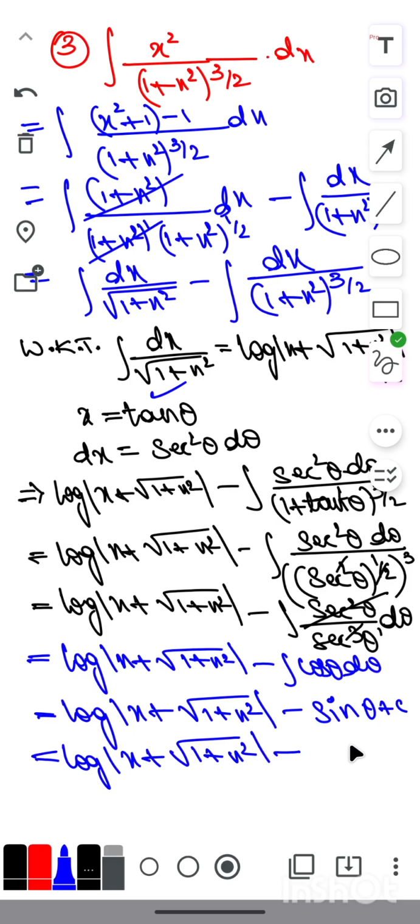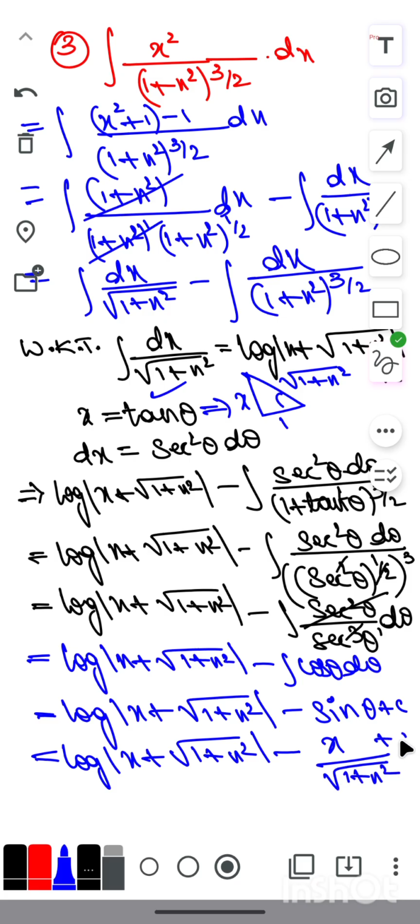What is the value of sin theta? If tan theta is equal to x, by constructing a right angle triangle, tan theta is defined as opposite by adjacent, and the hypotenuse will be root of 1 plus x square. Then sin theta becomes opposite by hypotenuse, that is x divided by root of 1 plus x square, plus c. Yes, this is our final answer. Hope you have understood.